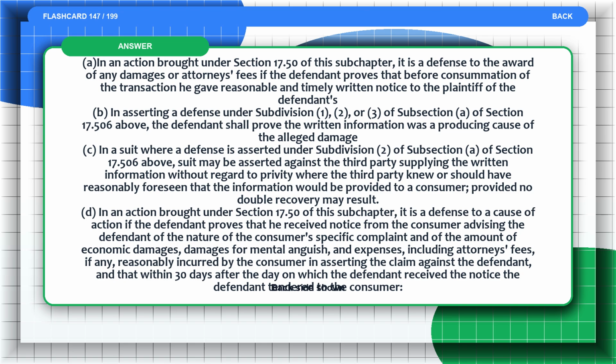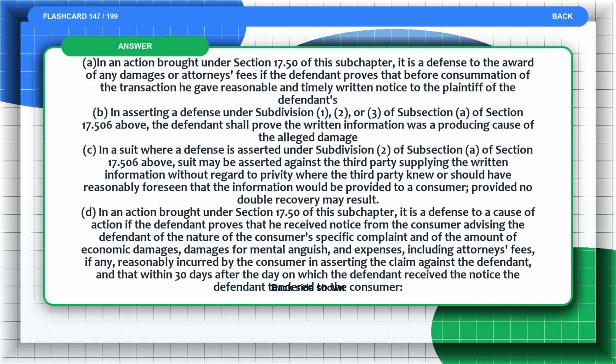C. In a suit where a defense is asserted under subdivision 2 of subsection A of section 17.506 above, suit may be asserted against the third party supplying the written information without regard to privity where the third party knew or should have reasonably foreseen that the information would be provided to a consumer, provided no double recovery may result.